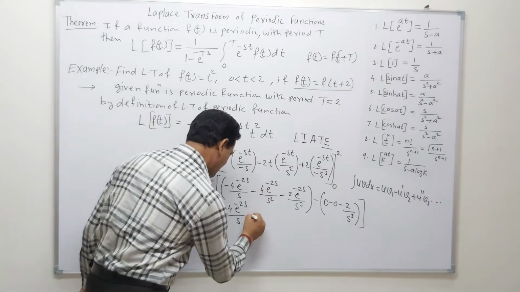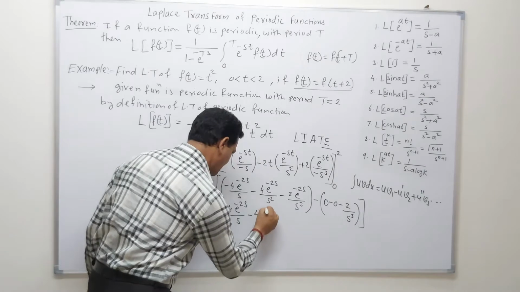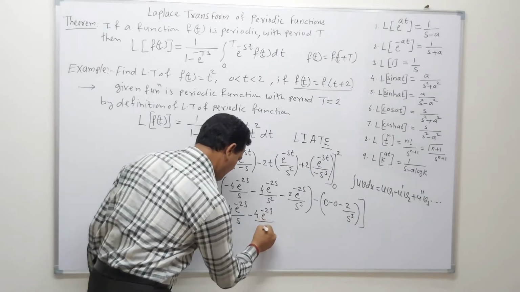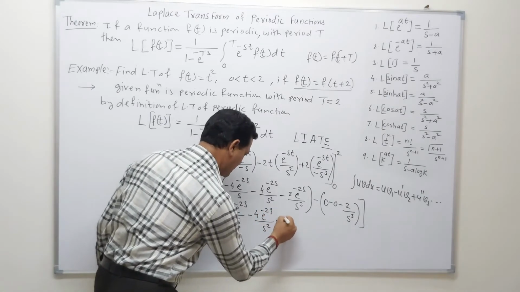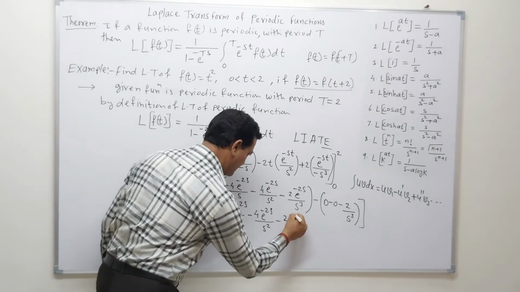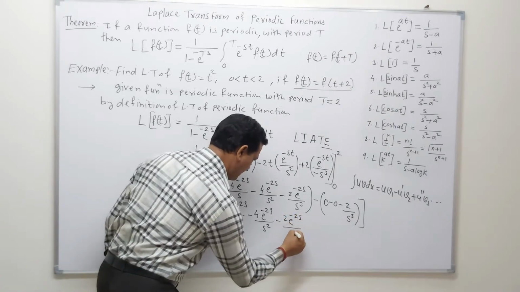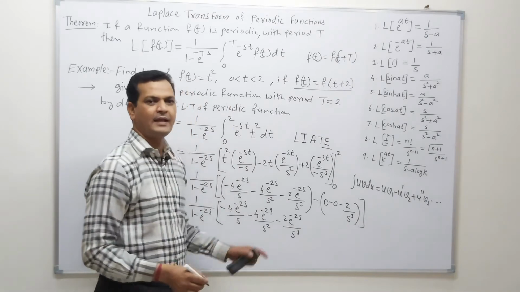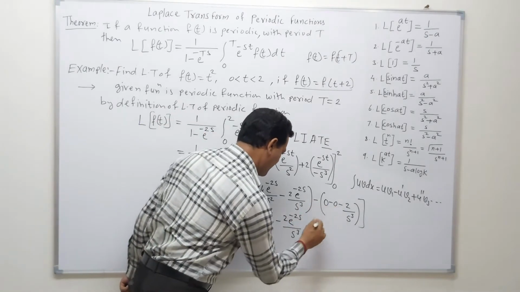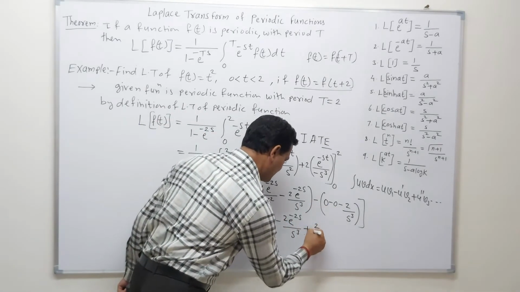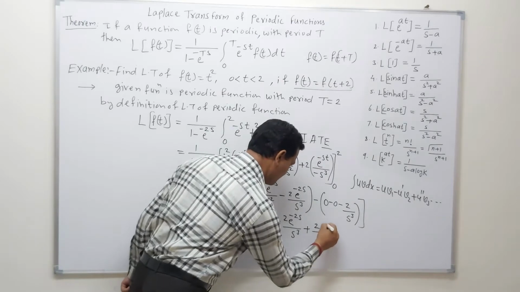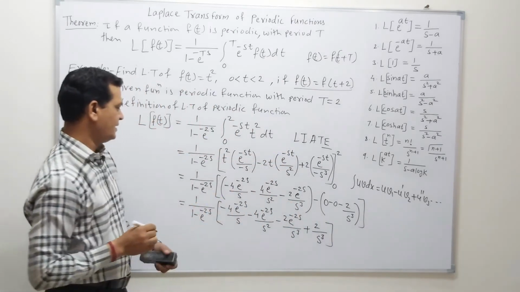This second term is also as it is, minus 4 e raised to minus 2s upon s square, minus this is 2 times e raised to minus 2s upon s cube. Then again this minus becomes plus, so we can write this as 2 upon s cube. So this is the next step.